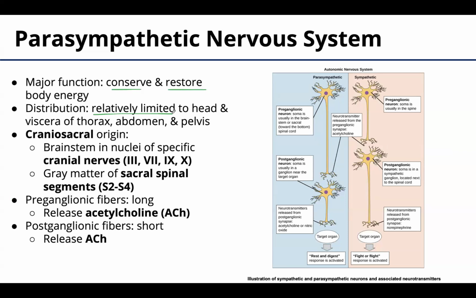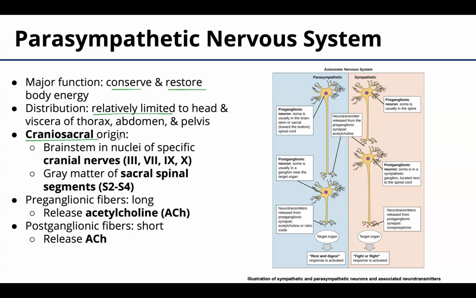It's going to play a role in terms of the viscera of the thorax, the abdomen, and the pelvis. But importantly, it's not affecting the smooth muscle of blood vessels like the sympathetics, so distribution doesn't have to be as wide. The parasympathetic division is considered the craniosacral division based on where these fibers originate.